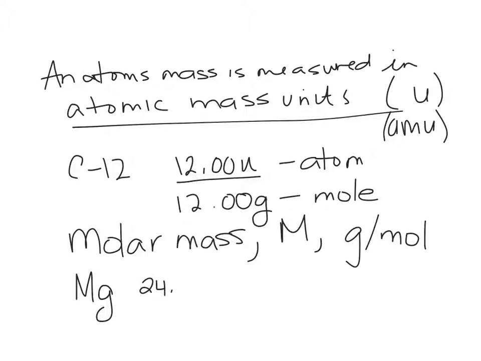No. What's the mass in the periodic table? 24.31. 24.31 U. What is the mass of 1 mole of magnesium atoms? 24.31 grams for every 1 mole.